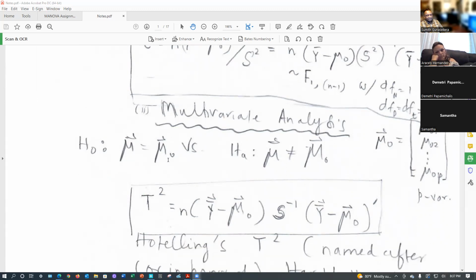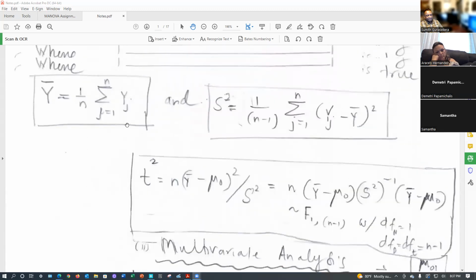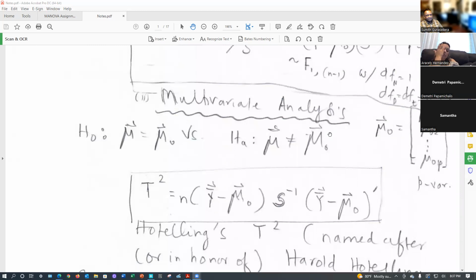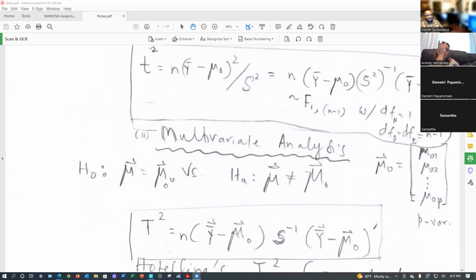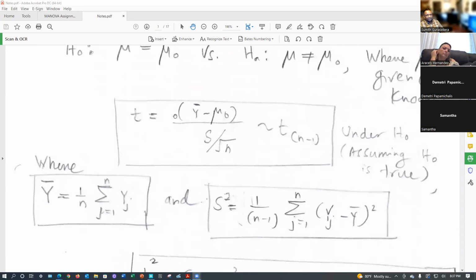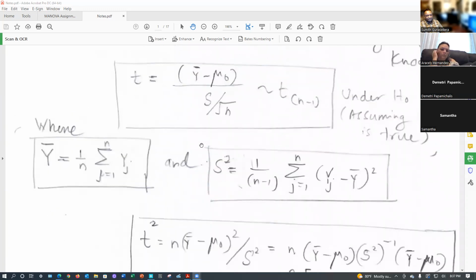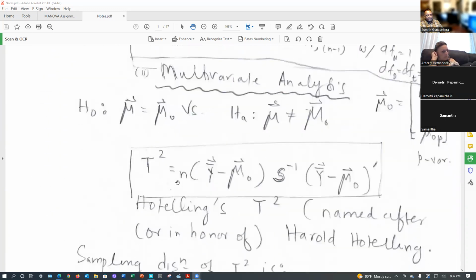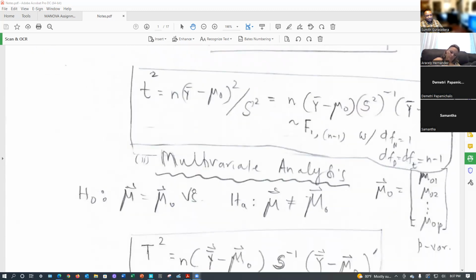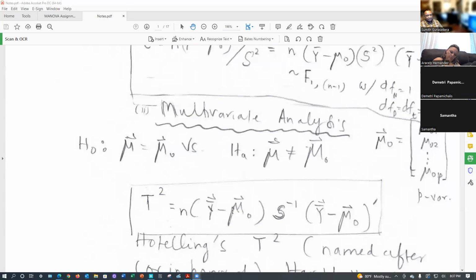This time, for the same thing, I'm going to have a look at its multivariate counterpart. This time it's t squared; we don't have a t in this case. Remember, there's no such thing for the multivariate. We start from t squared, which is n, the number of observations, times the vector y bar minus mu.